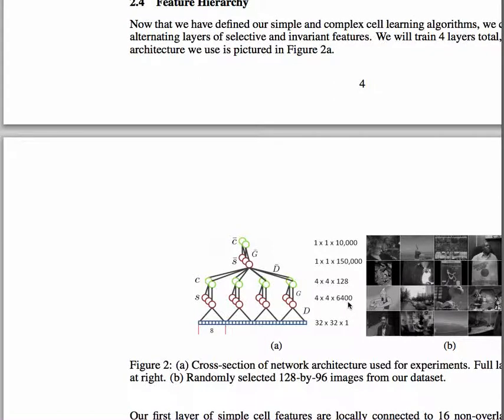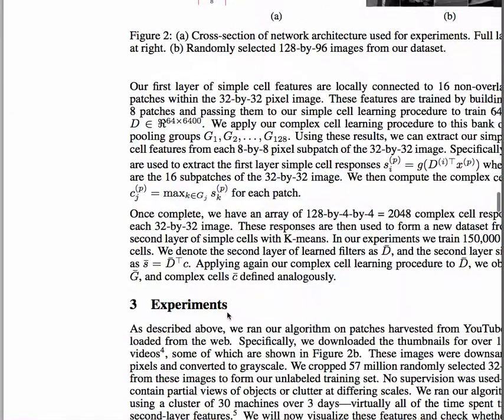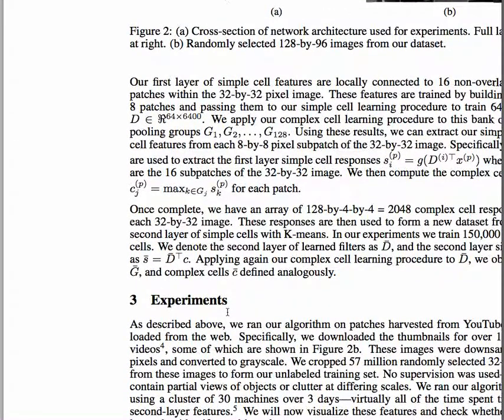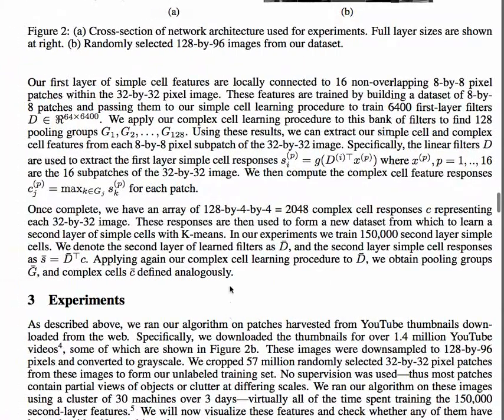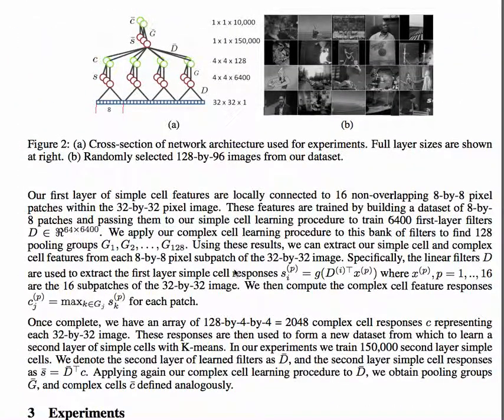There's 64,000 features that are learned, and these 8 by 8 pixels are basically turned with the 9 by 9 filter, if I'm not mistaken.